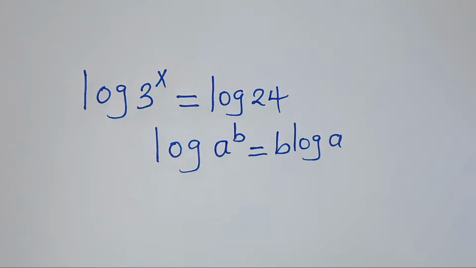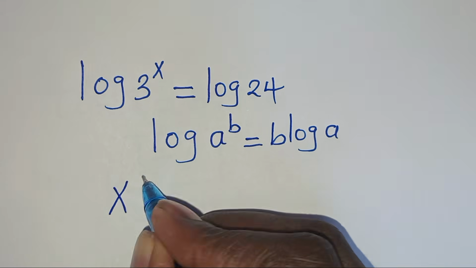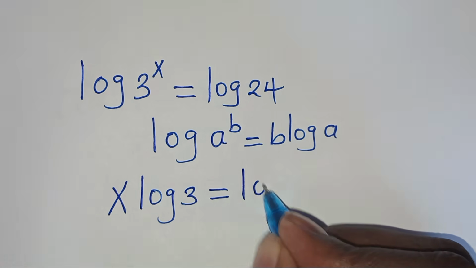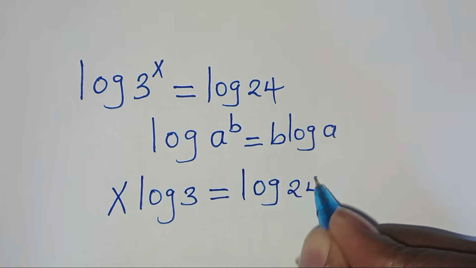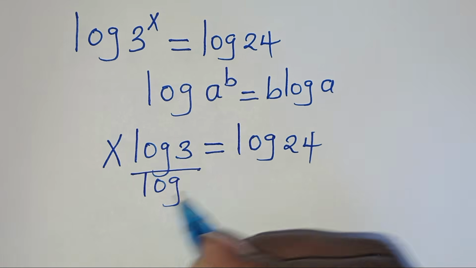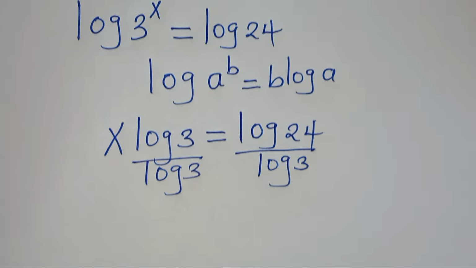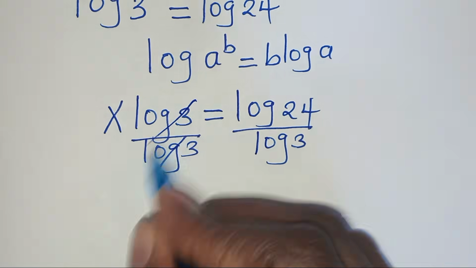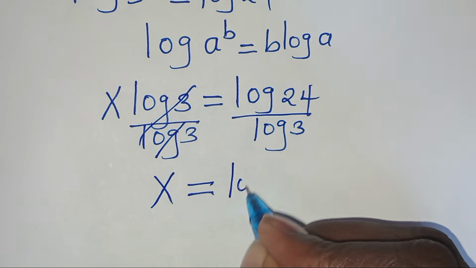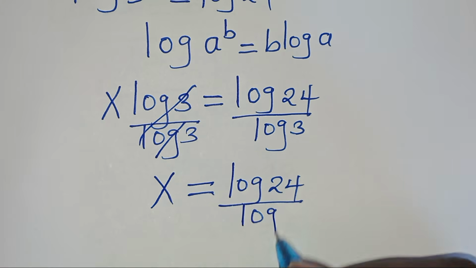Applying this power property, log 3 to the power of x becomes x log 3, which is equal to log 24. Now let's divide on both sides by log 3. Let's simplify log 3 and log 3 here, so that now x is equal to log 24 divided by log 3.